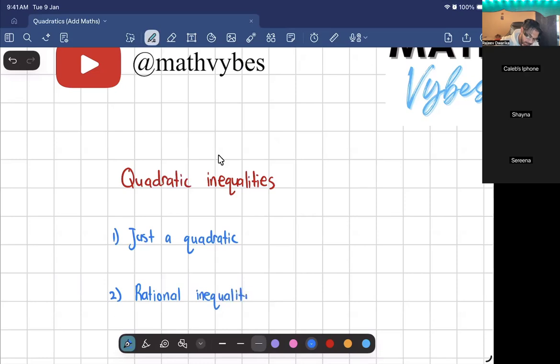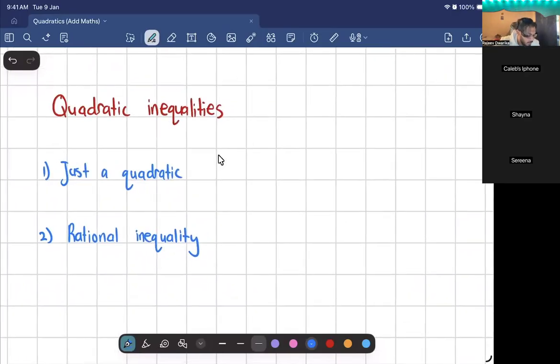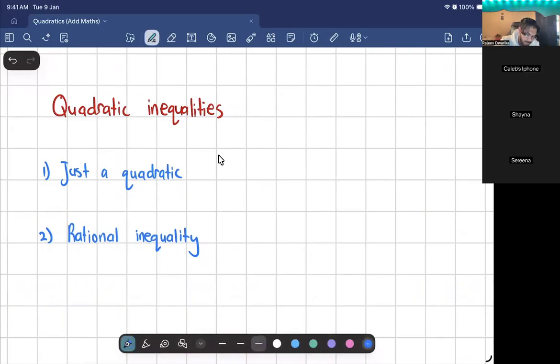Right. So Shayna, when I say just a quadratic, can you just give me a quadratic? Come on, put a quadratic for now. Give me numbers.